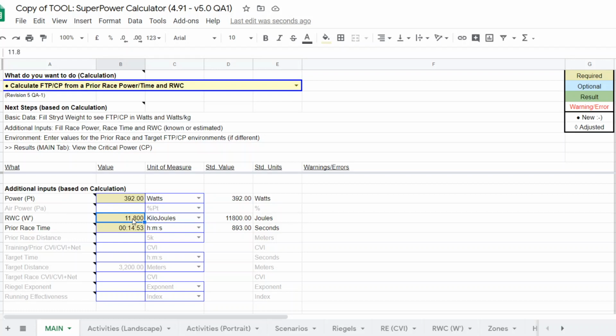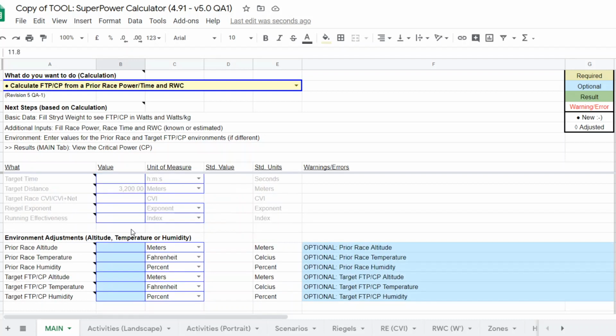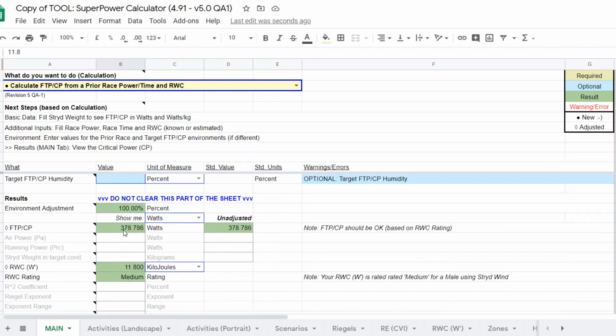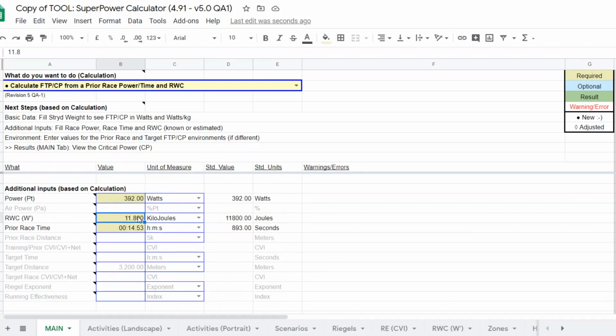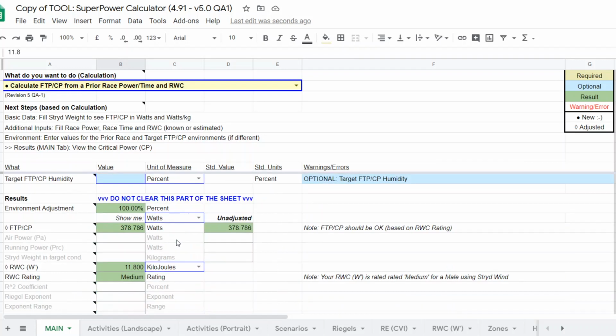And if we enter a specific value like this 11.8 kilojoules, we can scroll down and see that with a known reserve work capacity of 11.8, with that power and duration, it estimates his FTP or CP at around 379 watts.